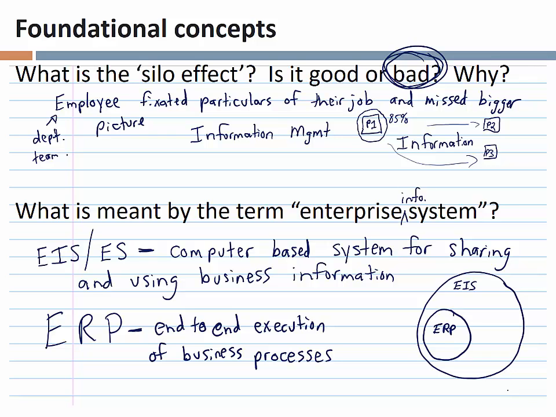But what makes an ERP system distinct from a generic enterprise information system is enterprise information systems just focus on sharing information. So it could just be involved in a subset of the steps in a business process. ERP, we go back to our definition of a business process, and we say an ERP system lets us execute all of the steps of that process with a consistent document flow for the sake of trying to optimize and make that more efficient for us.